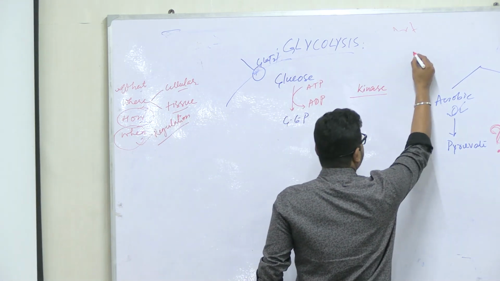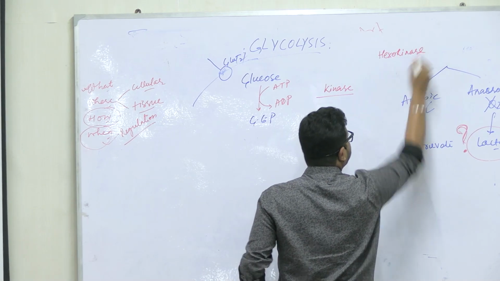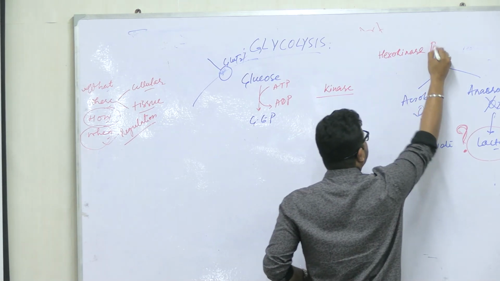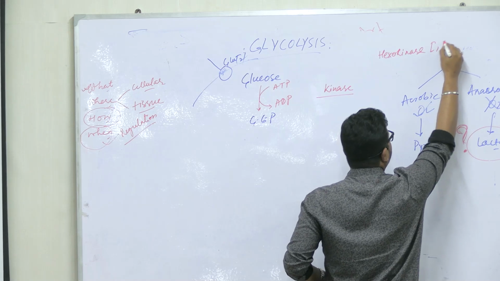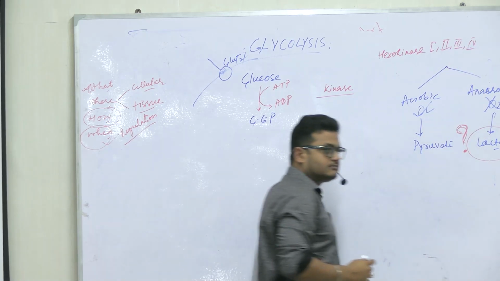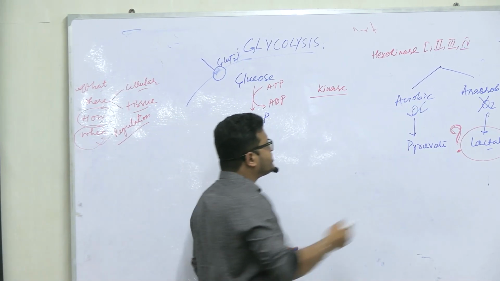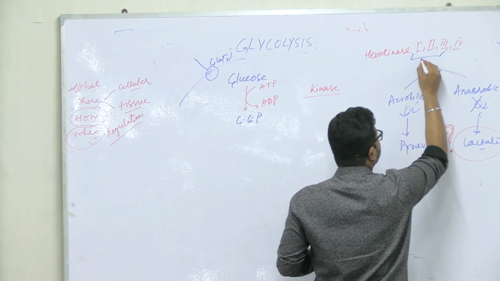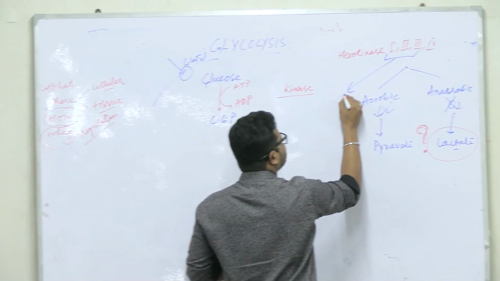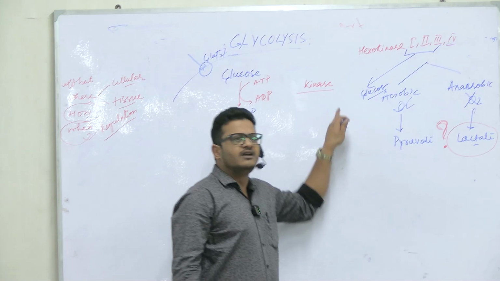If we talk about hexokinases, there are isoforms numbered 1, 2, 3, 4. Four isoforms are possible. Three isoforms are responsible for adding phosphate to glucose and other hexoses also, but specificity is for glucose.